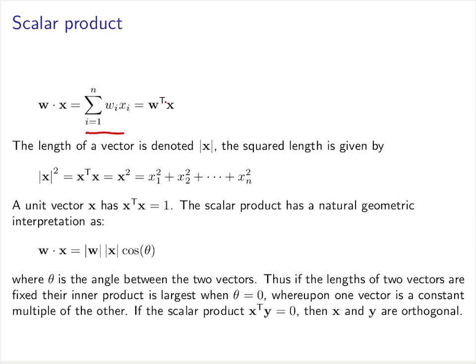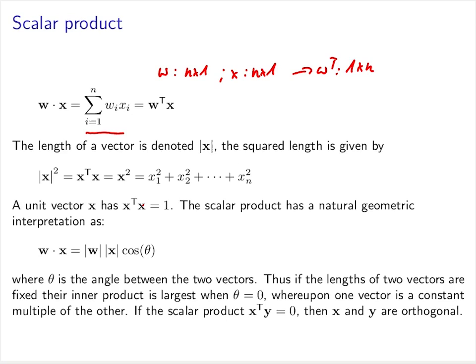It uses the transpose sign, which makes sense if we consider that w is actually a matrix of form n by 1, and x is a matrix of form n by 1. Then w transpose is a matrix of form 1 by n, and then you can apply the standard rules of matrix multiplication.